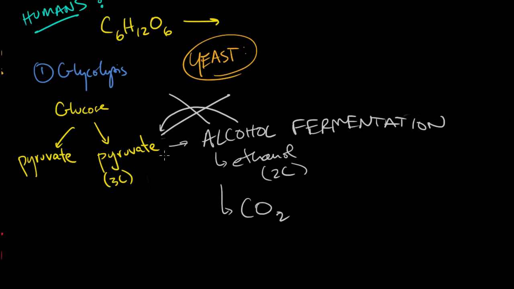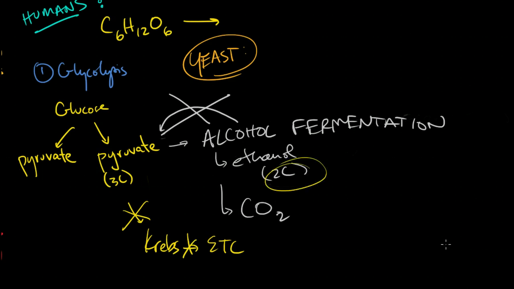You can't add a carbon back if you lost it to the atmosphere. So this 2-carbon ethanol can't be converted back into pyruvate, and therefore it does not go through Krebs nor the electron transport chain. So that doesn't happen. But this 2-carbon ethanol is what is produced through this alcohol fermentation.